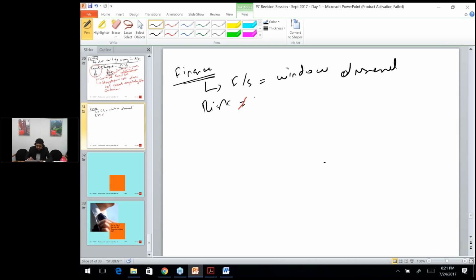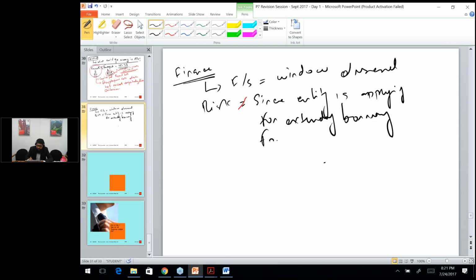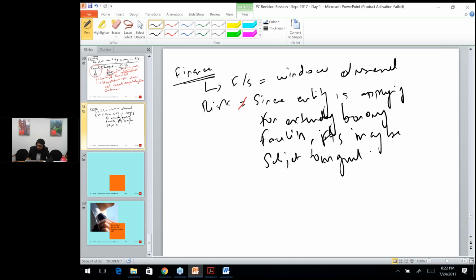What could go wrong is that since the entity is applying for extending borrowing facilities, the financial statements may be subject to management bias.